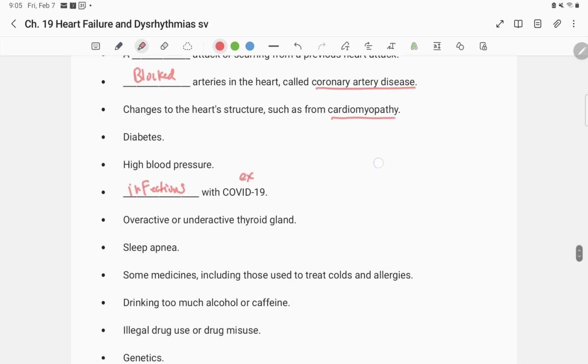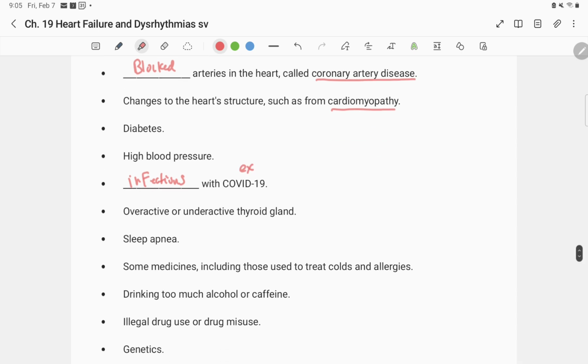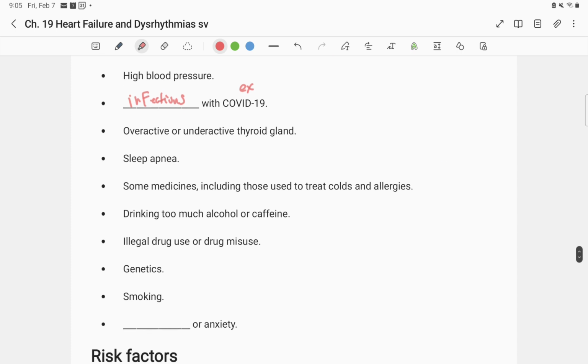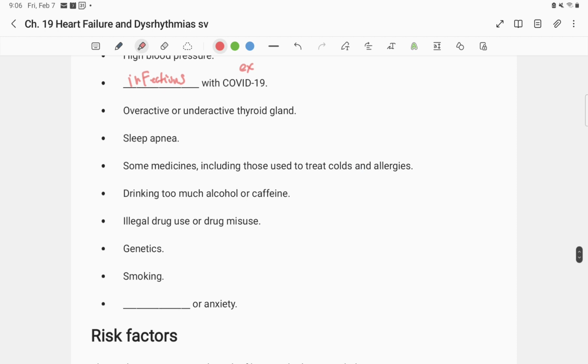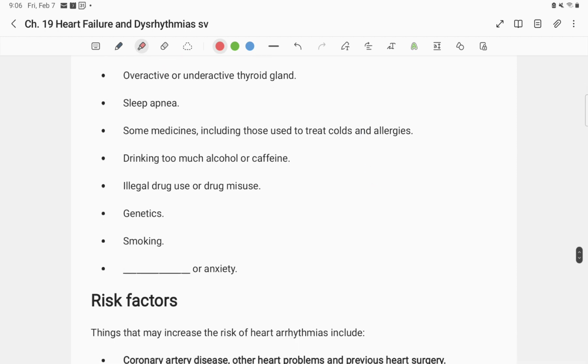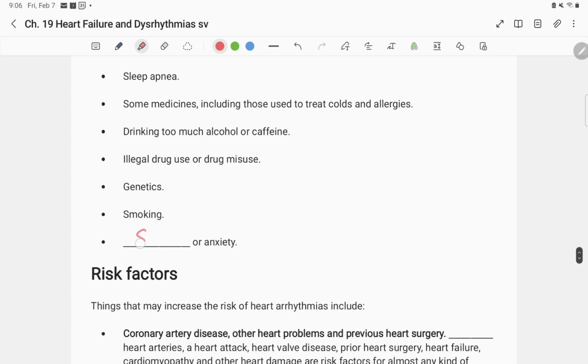An example would be COVID. Overactive or underactive thyroid glands, sleep apnea, some medications, so that would be side effects of medications, drinking too much alcohol or caffeine, illegal drugs or drug misuse, genetics, smoking, stress or anxiety can cause arrhythmias.